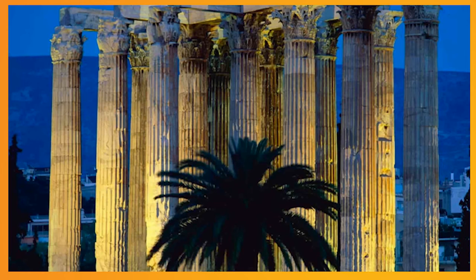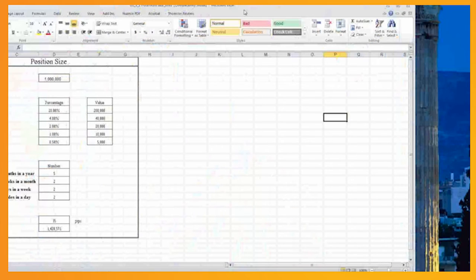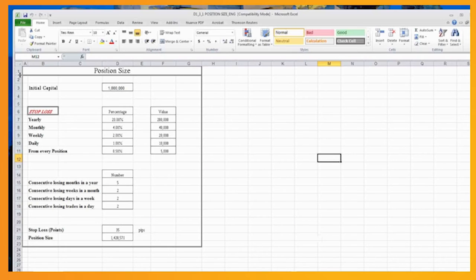In this case, the only thing that remains to complete the whole thing is the position size. It's actually the correct money management. From my experience, I know that we have people who, if they are working for a bank, already have a credit amount that they can go long or short.